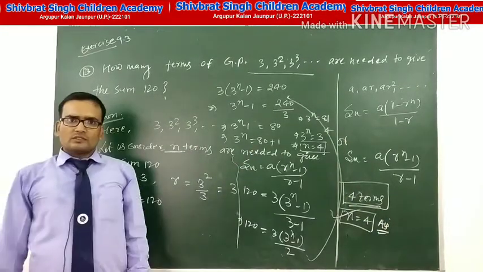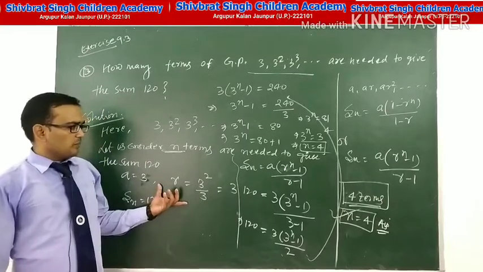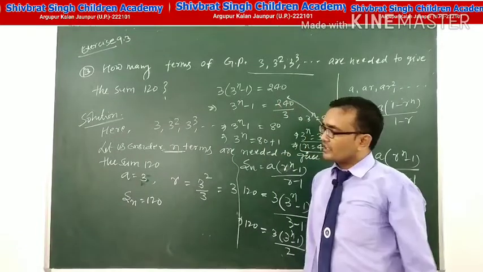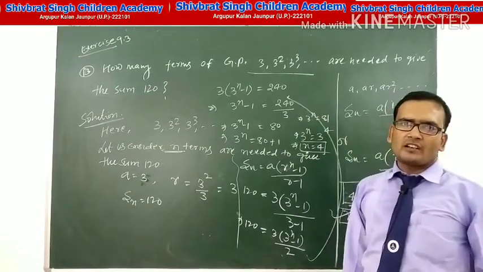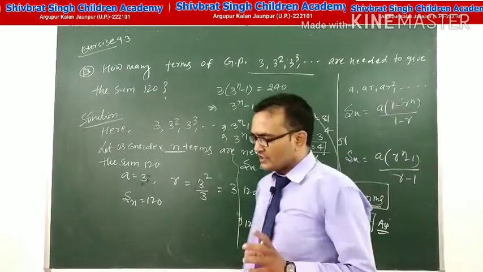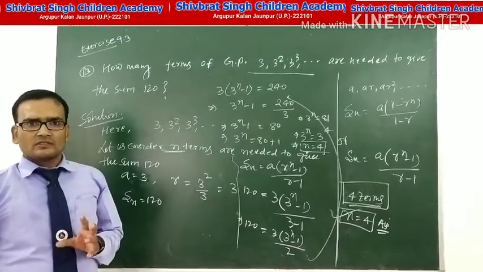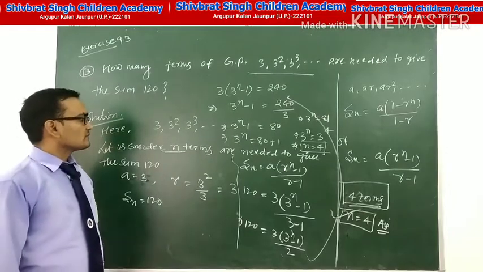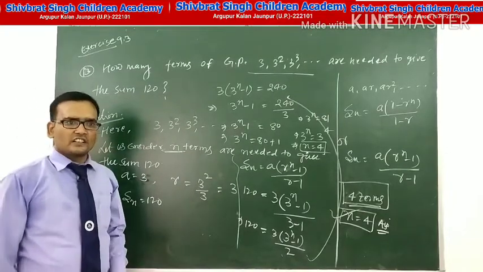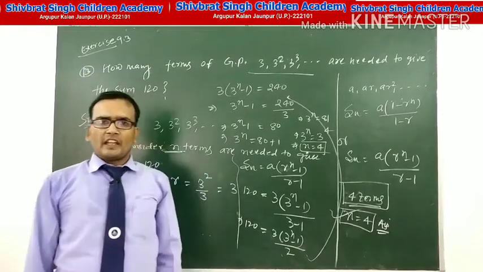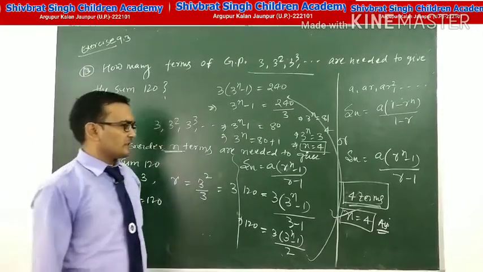Now I hope you solve the remaining questions of exercise 9.3. If you feel any difficulties in these questions, then you can ask me, and in our next lecture I will discuss the sum of n terms of special series.